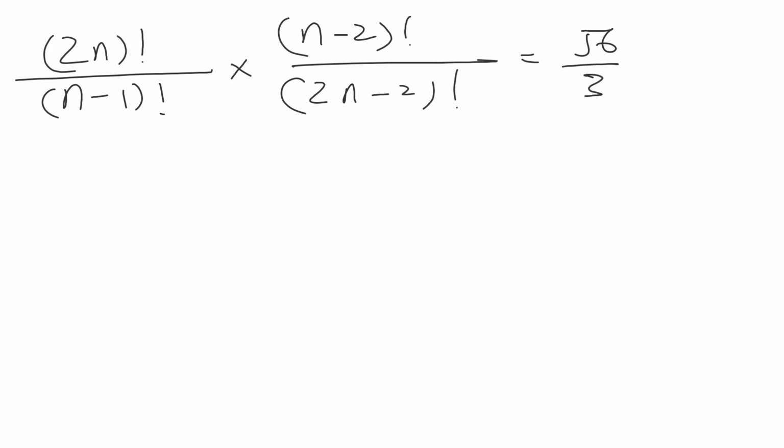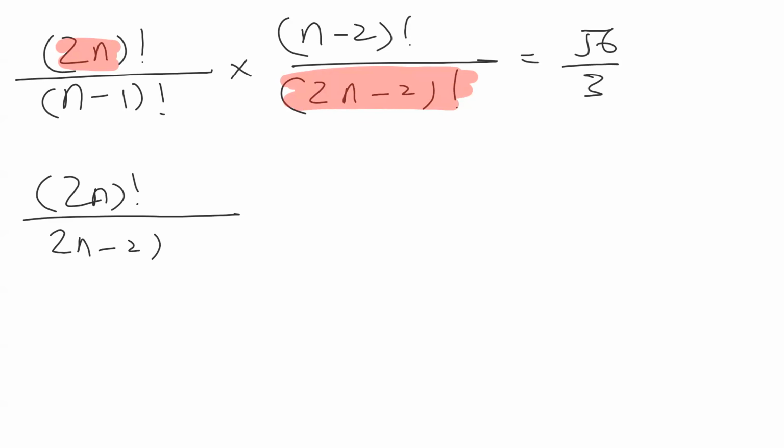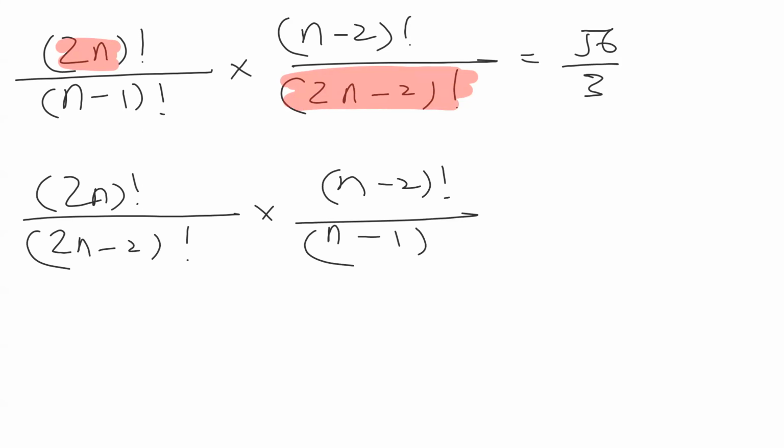Now I'll compare 2n with 2n minus 2. So these terms I'll put together. I'm grouping these terms, and n minus 2 factorial will be grouped with n minus 1 factorial, which is equal to 56 by 3.